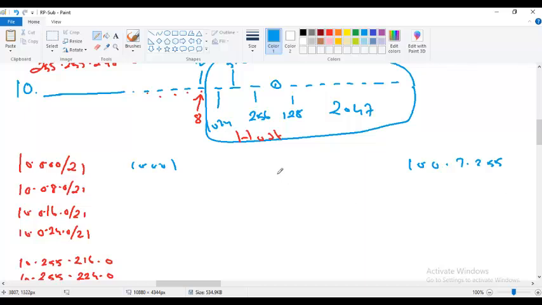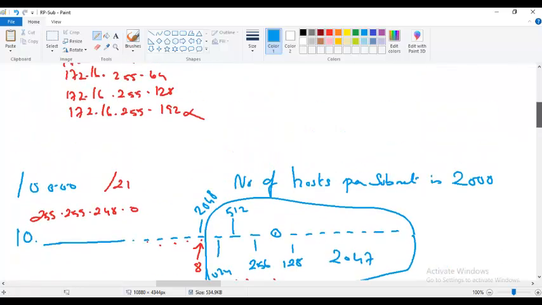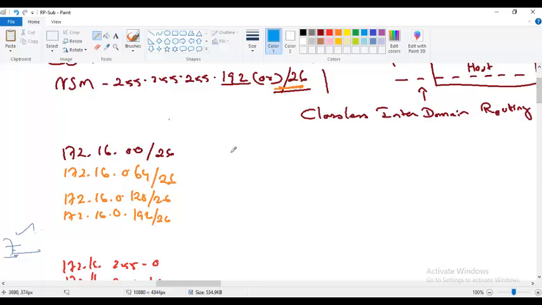Now, did you fill the previous one like this? 172.16.0.1. Broadcast is 0.63. Last IP is 0.62. So how many IPs do you get totally? 62 IPs.